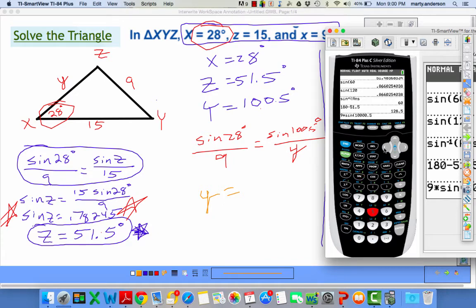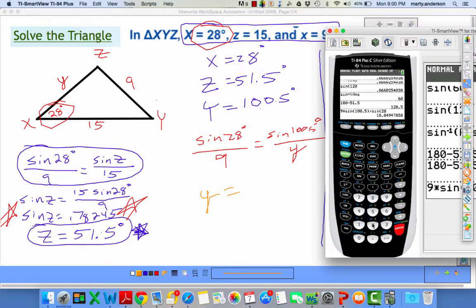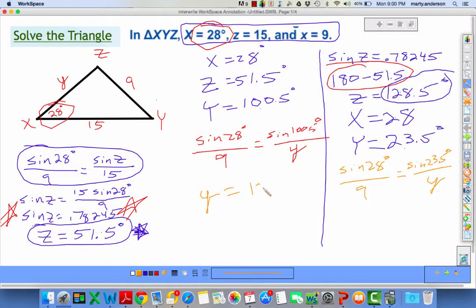Oh, got too many zeros in there. 9 times the sine of 100.5 divided by sine 28. And I get 18.84. And then I can do the same thing over here for this guy. And I can solve that.